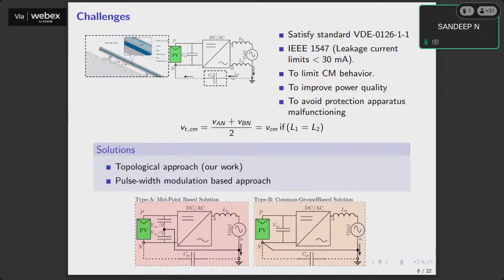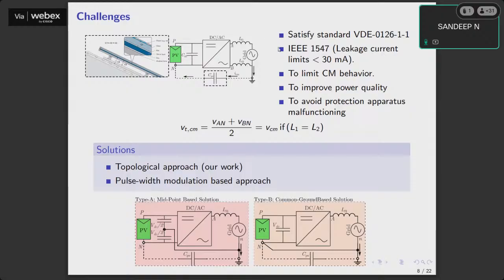Second thing, it is going to cause maloperation of the RCDs, that is your residual current detectors. So often they may get tripped, thinking that there is a ground fault that has happened. So even that is an issue. So how to tackle this leakage current is one of the major concerns.